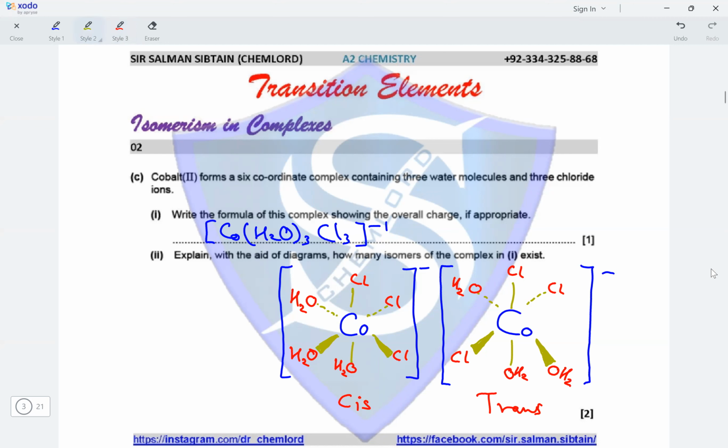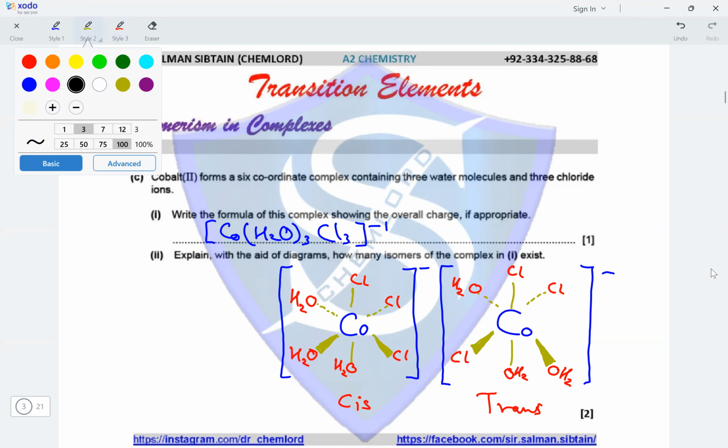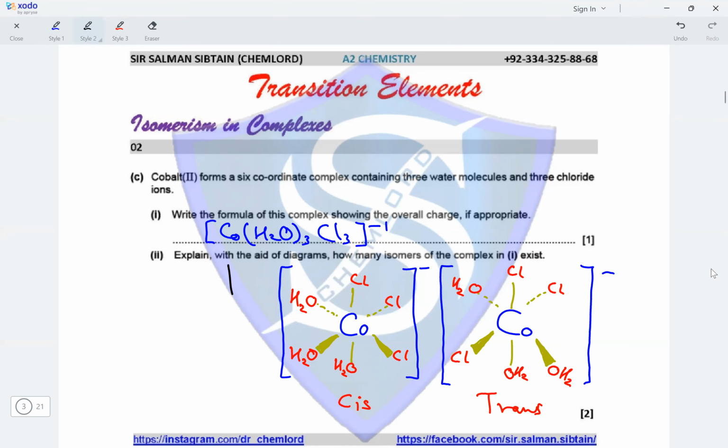So they ask how many isomers of the complex exist. These are two out of the three different isomers that can exist. Another isomer that exists for this ion is the optical isomer of the cis form of the complex. So we have an optical isomer as well.